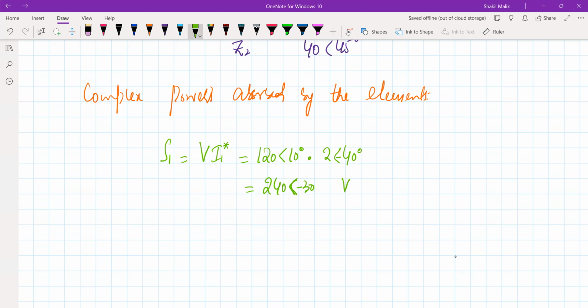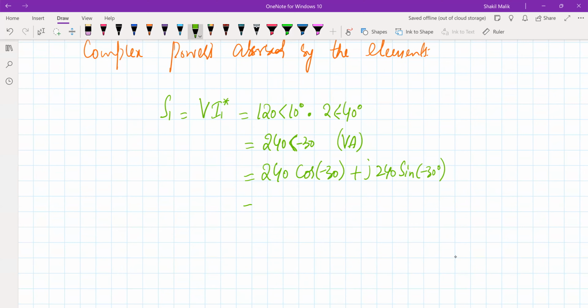Okay, so this is in volt-amperes. Now we can express this in the rectangular form. So it will be 240 cos of minus 30 degrees plus j 240 sin of minus 30 degrees. Now simplifying, this will be 207.85 minus j 120 volt-amperes.